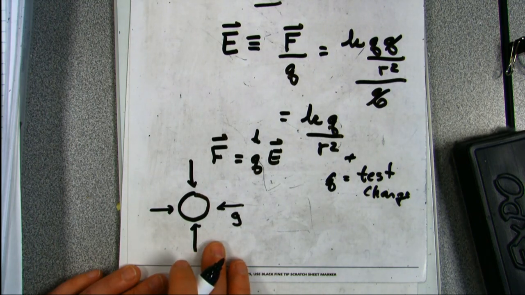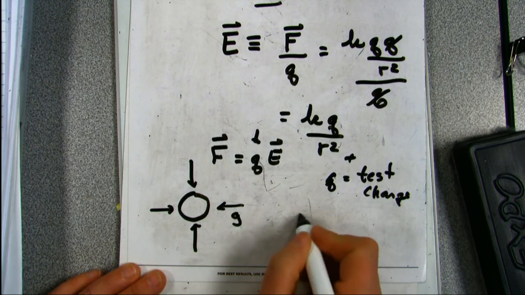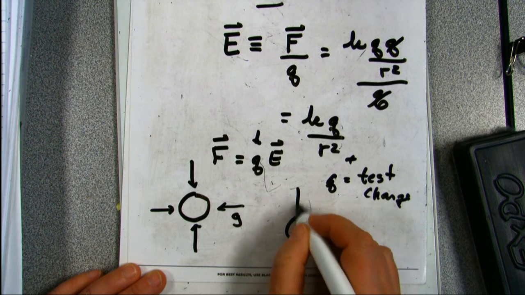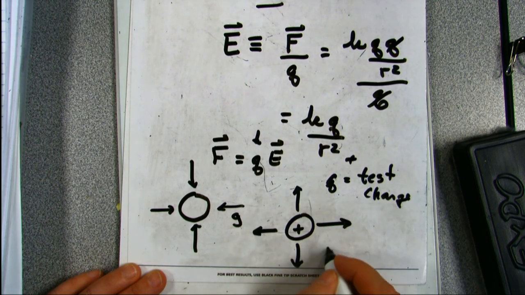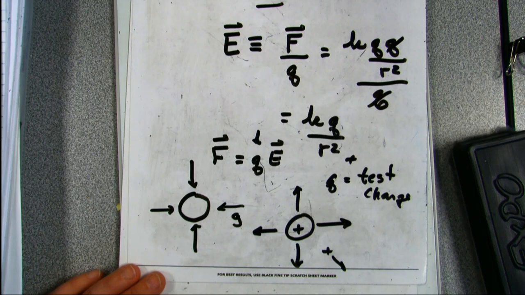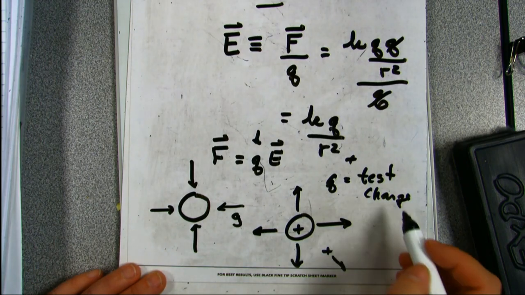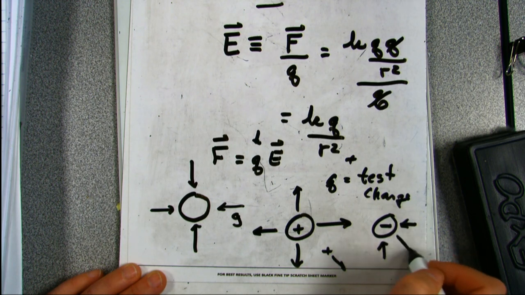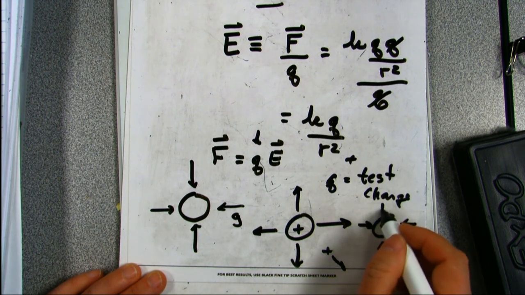Okay? This is where Ben Franklin screwed us up. If I have a positive charge, we do it like this because we do a positive test charge, and if I take a positive test charge, it's going to move away from the positive charge. And my negative charge is going to have the field lines coming in like this because we've got field forces.